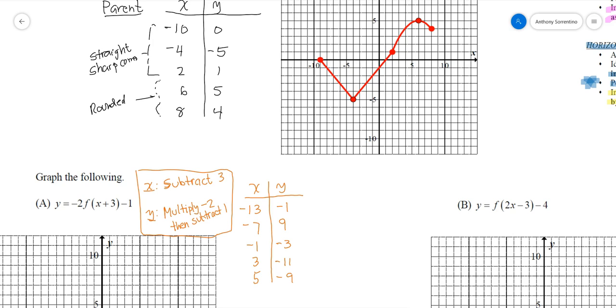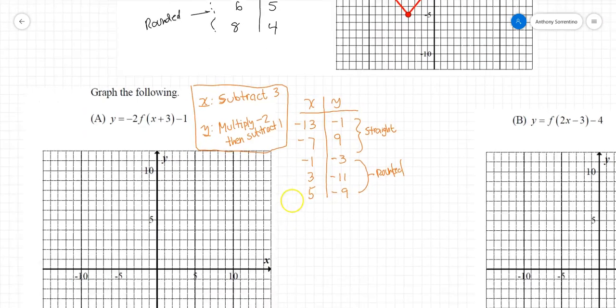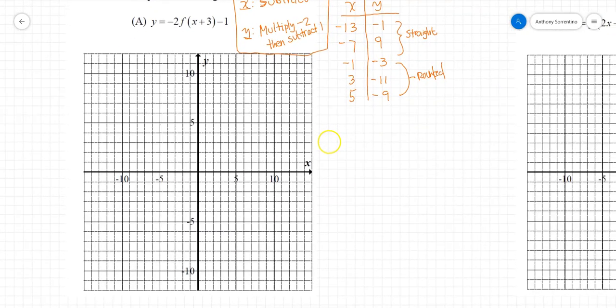Now again, the first three are the straight part. So when I start connecting dots, I want to connect them with straight lines. The last two are the rounded part, or the last three together are the rounded part. Also helps me with the drawing process. So now I'm going to use this information to graph my new graph.